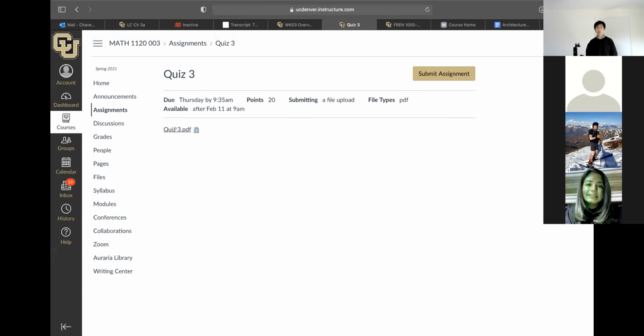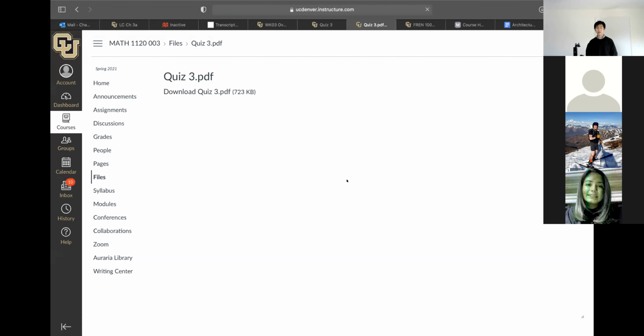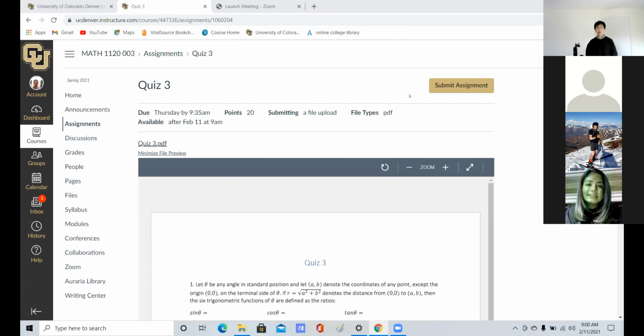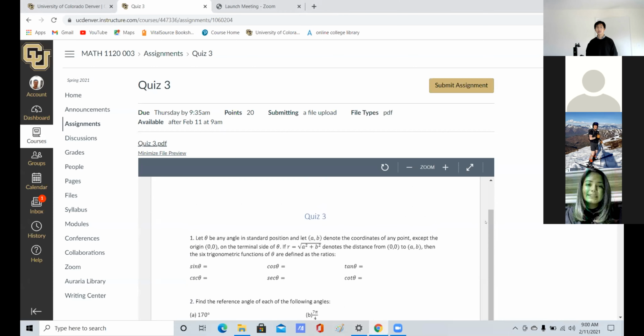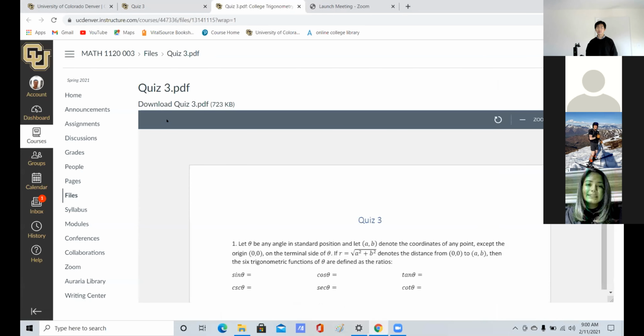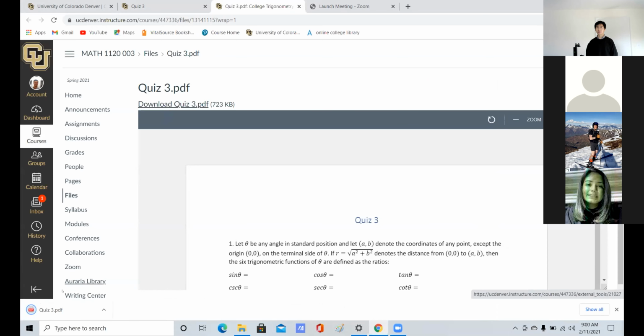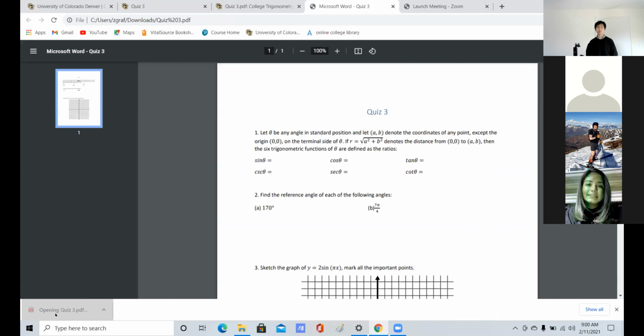Okay, everybody share your screen. Share your complete screen, including your desktop. The quiz is available, so start working on it. Do not overthink about anything. Everything that appears on the quiz should be very simple, very similar to what we did in class.